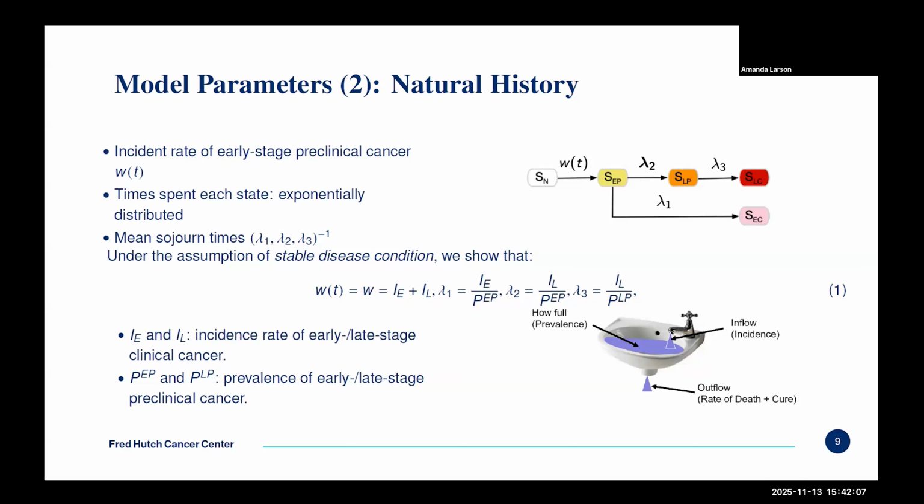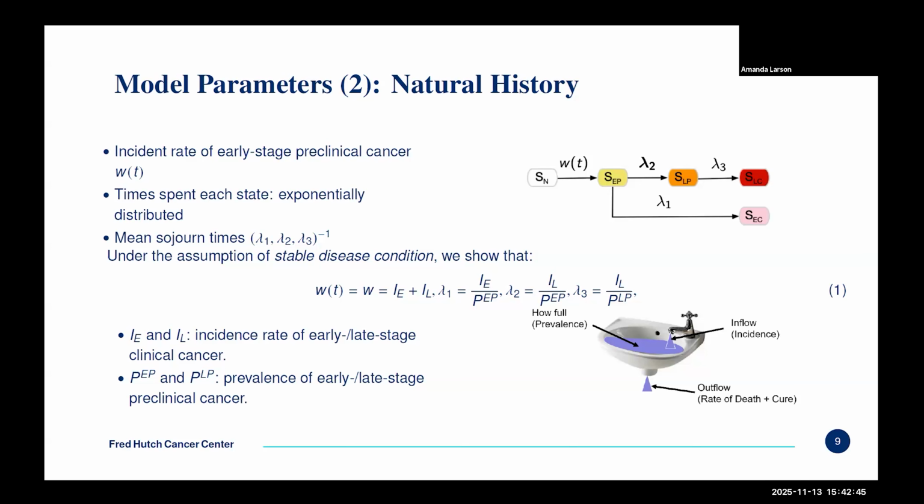The inflow and outflow are incidence: inflow is people changing into this state, and outflow means they get out of this state. The stable disease condition essentially means that how fast the inflow is the same as how fast people get out. So inflow equals outflow. Then the prevalence is essentially the incidence times the duration, how long you stay in this state. That's how we get these numbers.